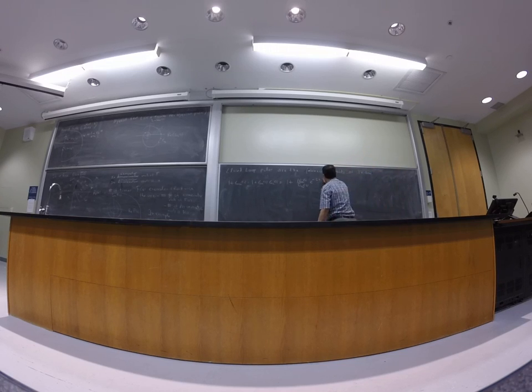So let's say numerator of GC over denominator of GC. With me? So that's what 1 plus GOL of s is.